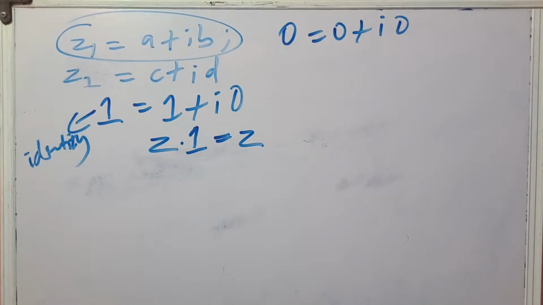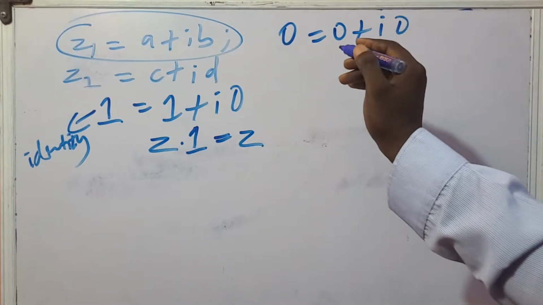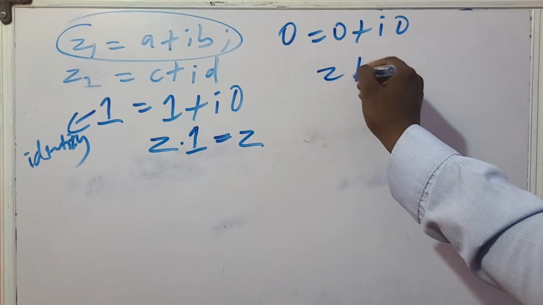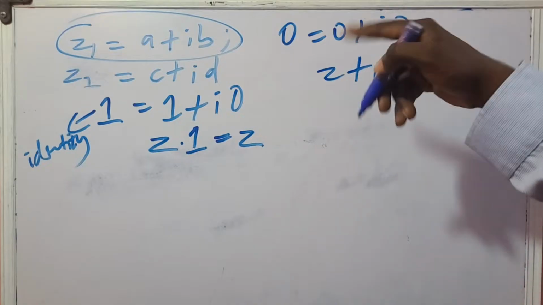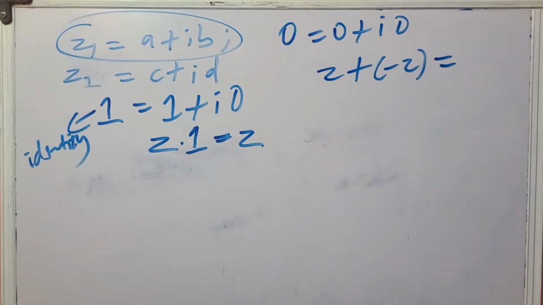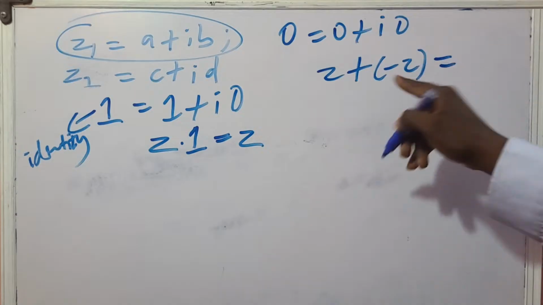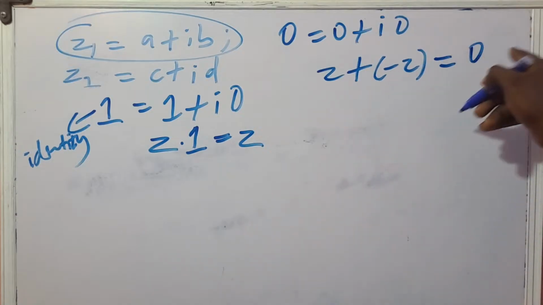Now, you should understand what multiplicative inverse always does. We talked about additive inverse of complex number. We said under additive inverse, we had Z plus minus Z, an additive inverse of minus Z. When this video is released, you can go back to check for all I said there. When we have additive inverse, we always get 0 as our answer.